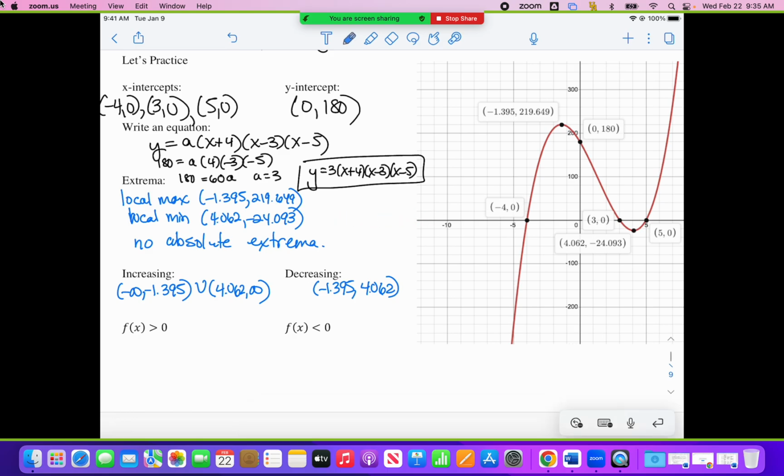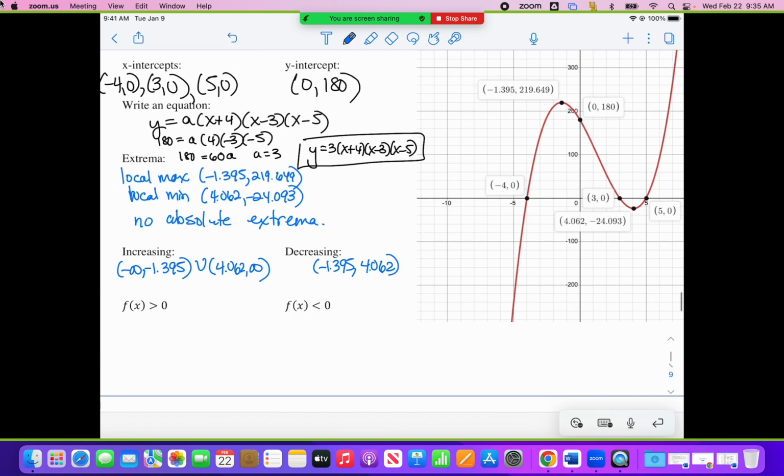Then where is the graph positive? The graph is positive between -4 and 3, and then again 5 to infinity. Where is the graph negative? It's negative from -infinity to -4 and then again between 3 and 5.